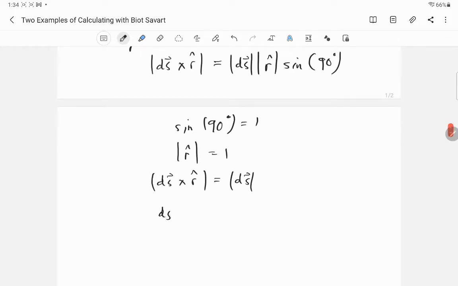So what is the magnitude of ds, though? The magnitude of ds for circles. So here is that place P, and here is the circular arc.